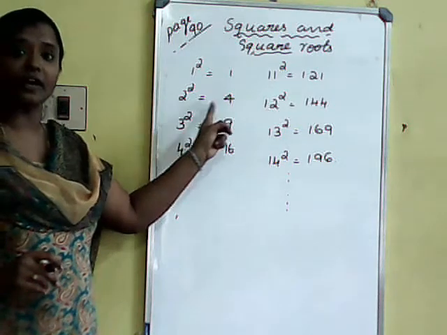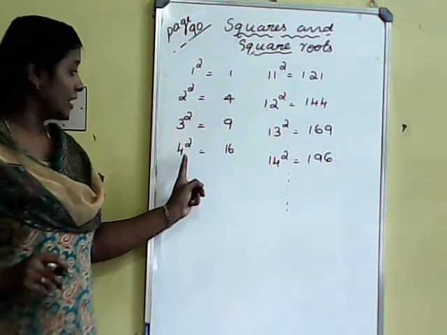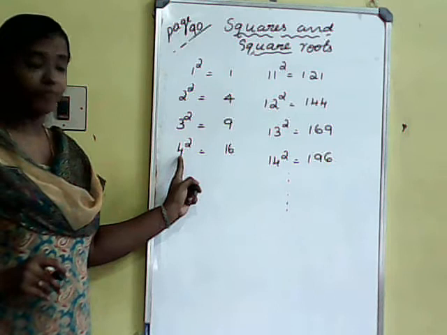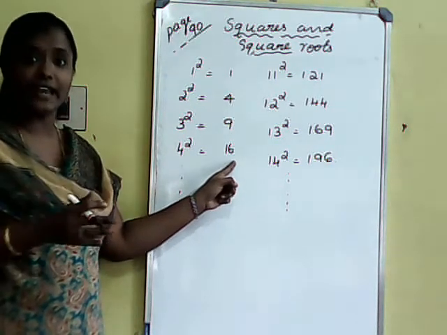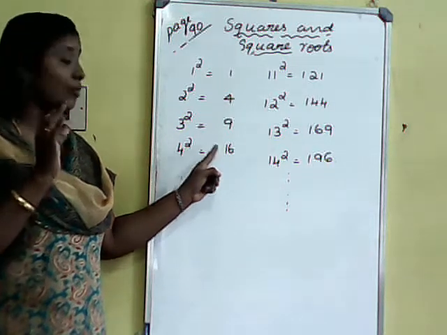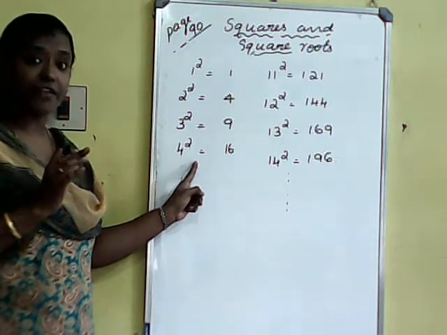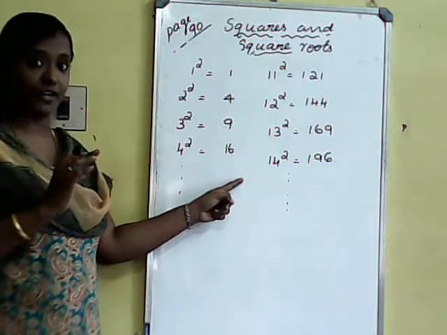What about its square? Again an even number. 4 is an even number. What about its square, 4 square? 16. So it is again an even number. So the square of an even number is always an even number.